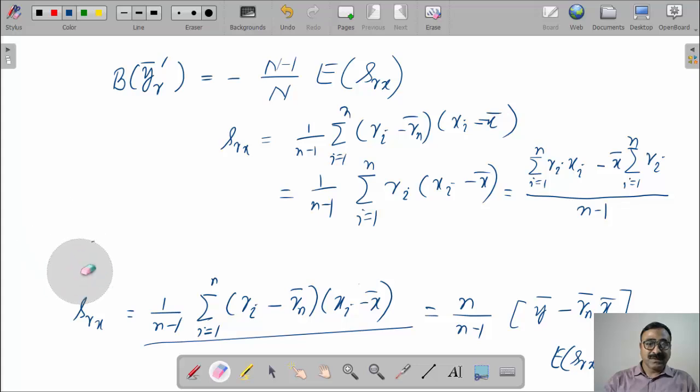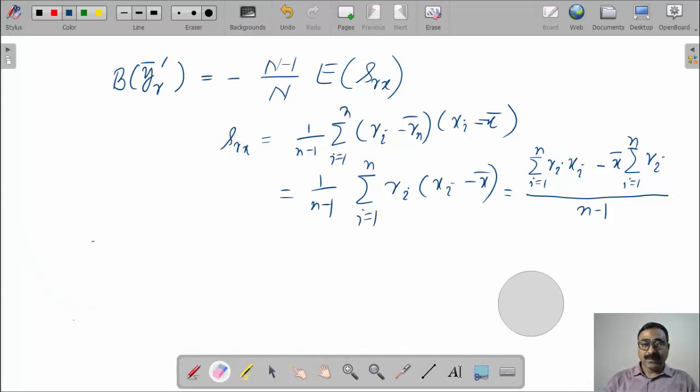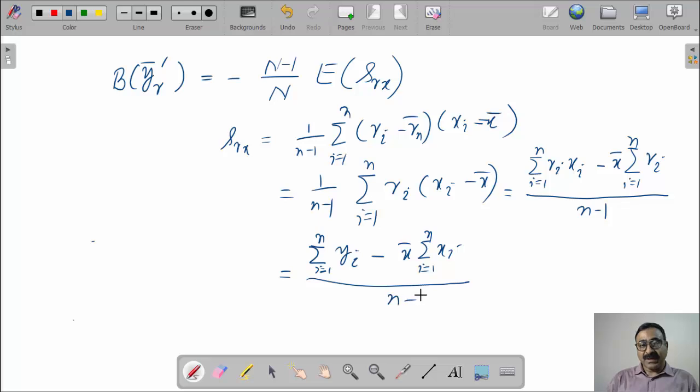Now this is equal to summation i equal to 1 to n Ri xi, Ri is equal to yi by xi. So Ri xi, this will be yi, summation i equal to 1 to n yi minus x bar summation i equal to 1 to n Ri, divided by n minus 1, because Ri equal to yi by xi.